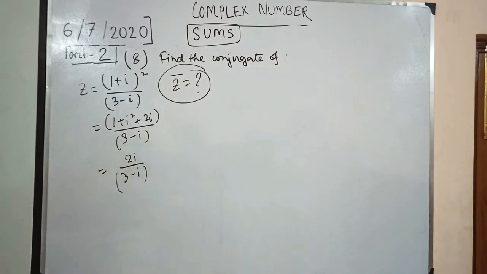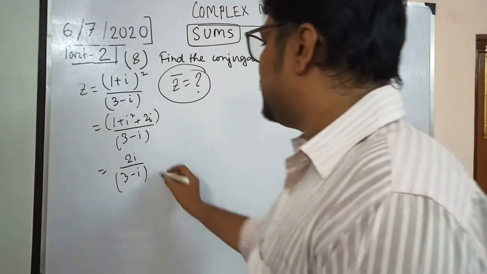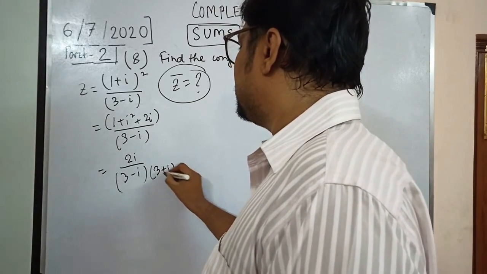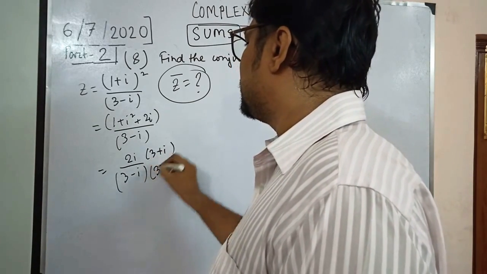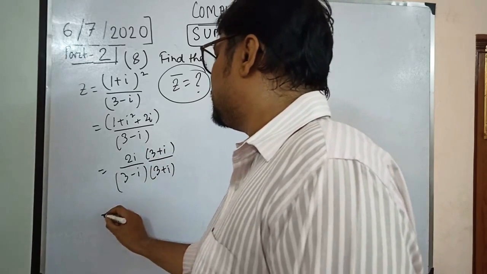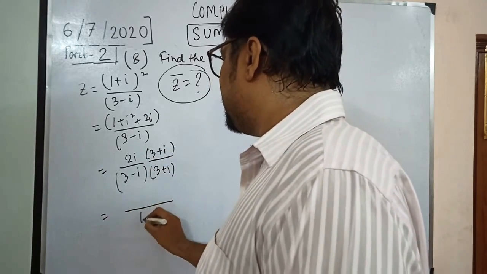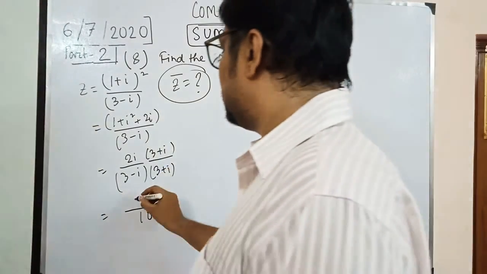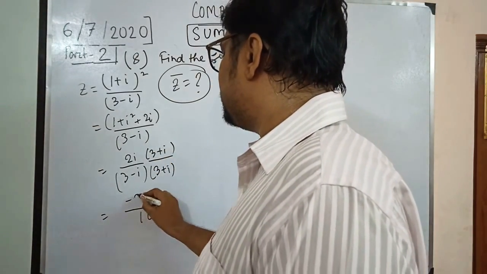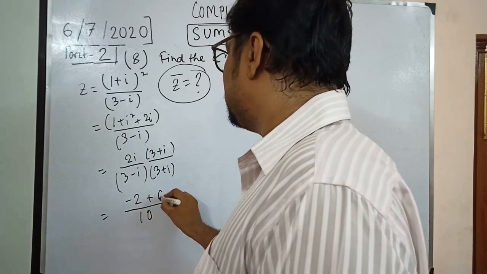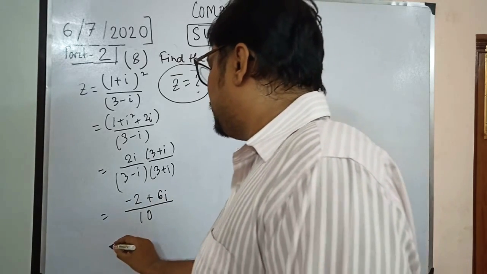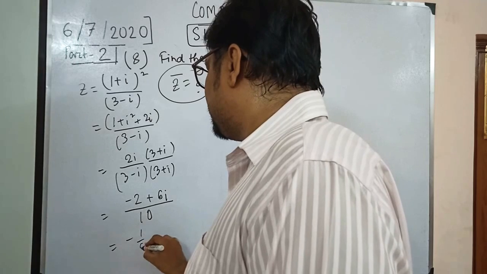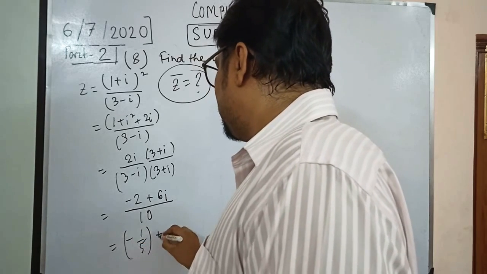So if I multiply this with 3 plus i, so I get something like 10 below, and it will be 2i square, that is minus 2 plus 6i. So what I got? Minus 2 by 10, that means minus 1 by 5 plus 3 by 5 i.